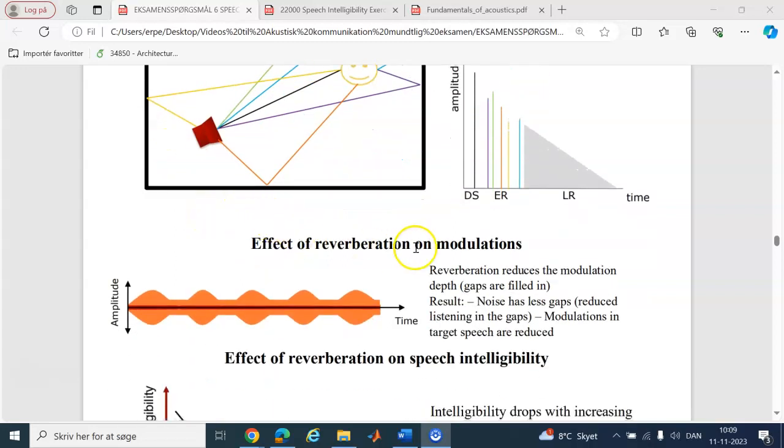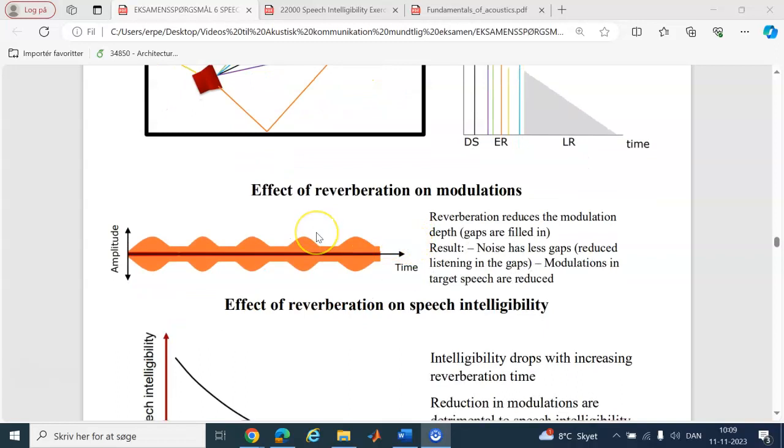Effects of reverberation on modulations: reverberation reduces the modulation depth, and the gaps are filled in, which means that the noise has fewer gaps, reduced listening in the gaps, and modulations in the target speech are reduced.